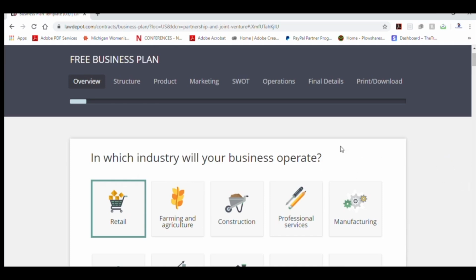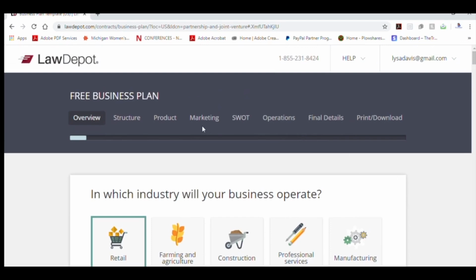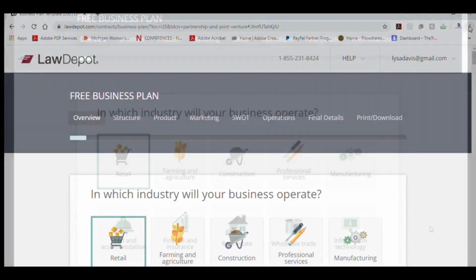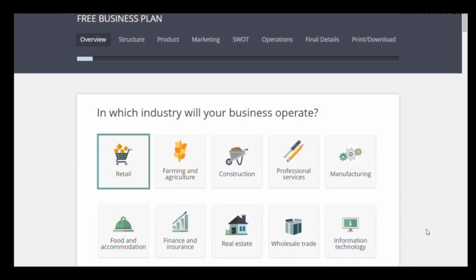But with this template, I feel anybody can write a very comprehensive business plan for their company that they either own, they're starting, or they've been in business for years, because who knows your business better than you?